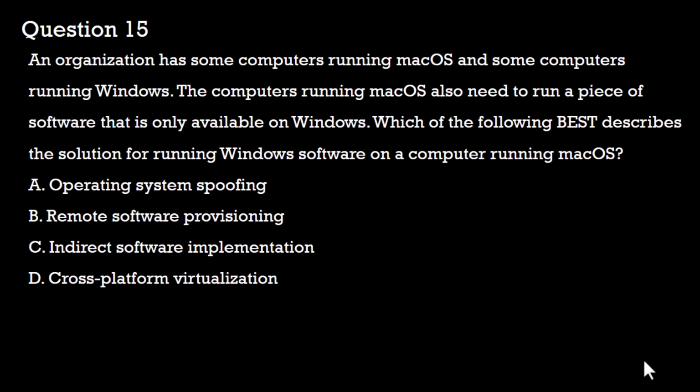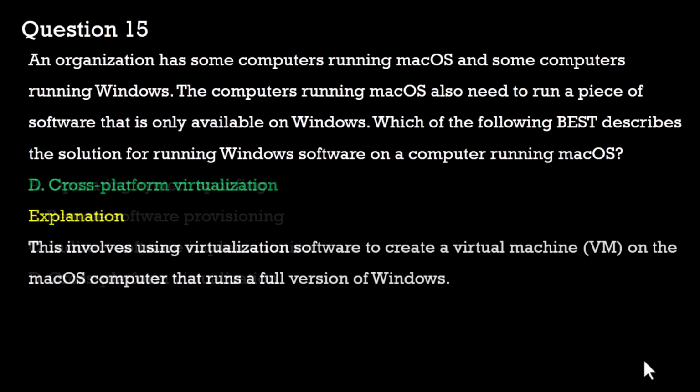Indirect software implementation does not describe a method for running software designed for a different operating system, while cross-platform virtualization involves using virtualization software to create a virtual machine on the Mac OS computer and then running a full version of Windows on it.